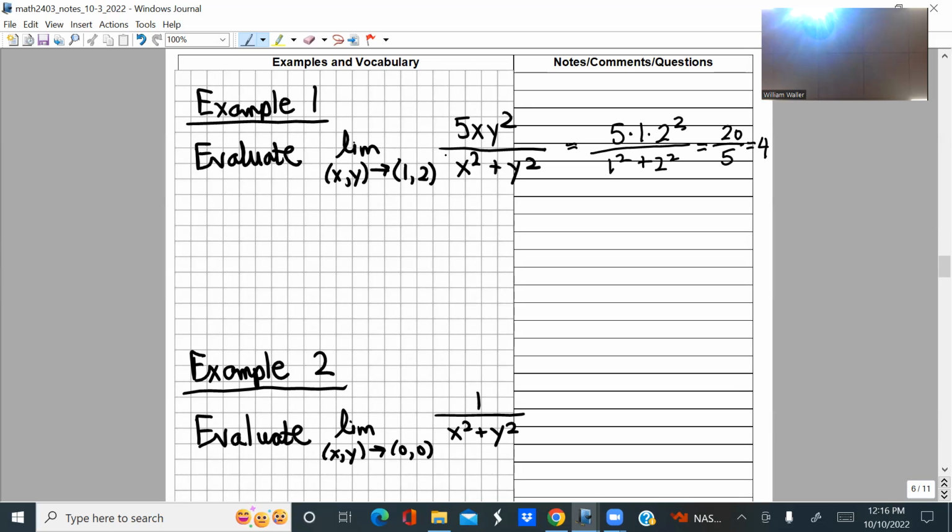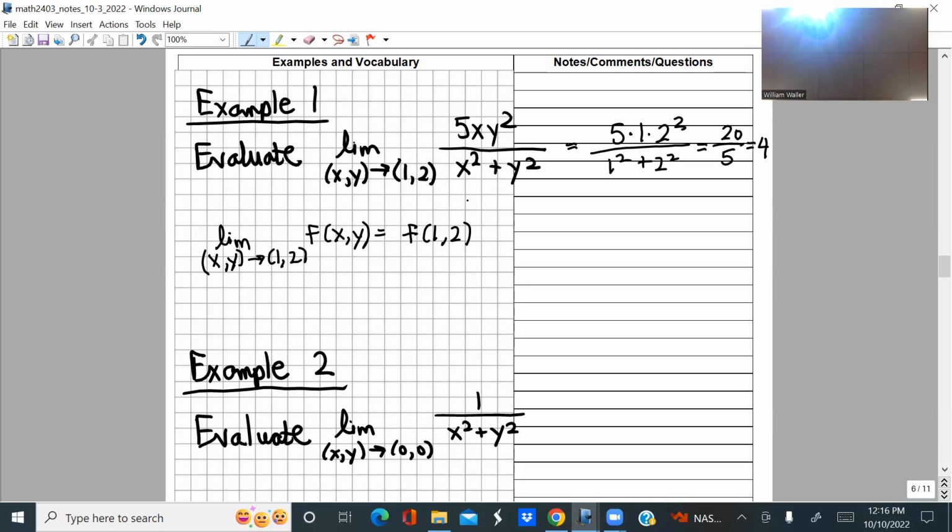I said if we can assume this formula or this function is continuous at this point, then we know we can evaluate this limit just by plugging the 1, 2 into the formula. That's because if a function is continuous, then this limit has to be the same as evaluating the function at that particular point.